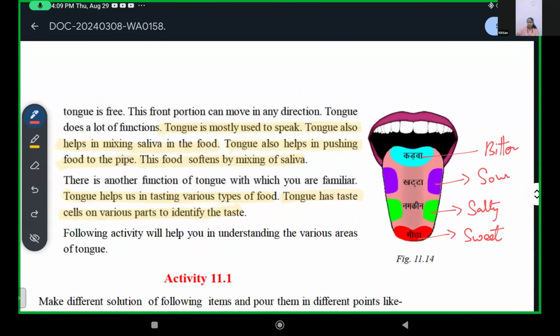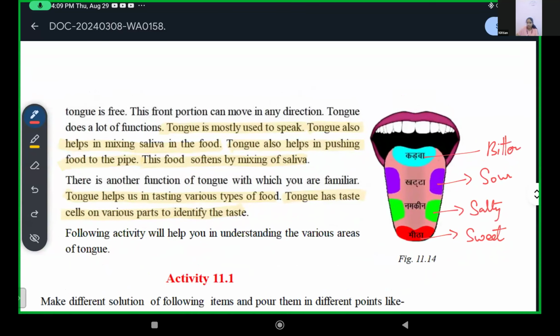Ma'am, question, ma'am. What about the middle part of the tongue? Middle part of the tongue, it's present on both the sides, and I think the middle too. Ma'am, what taste is in the middle? I think this part is salty.